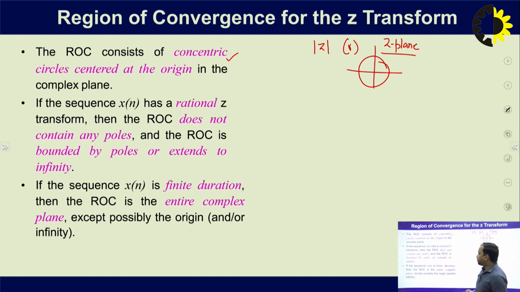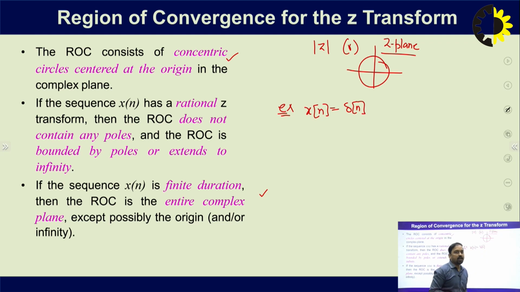So the next point is, if x[n] is of finite duration, then the ROC is the entire Z plane except Z equal to 0 or infinity. Let's say we have an example where x[n] is delta[n].